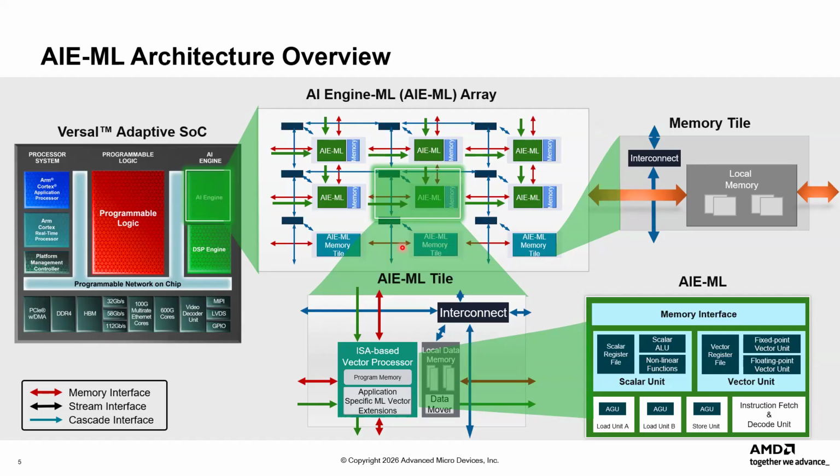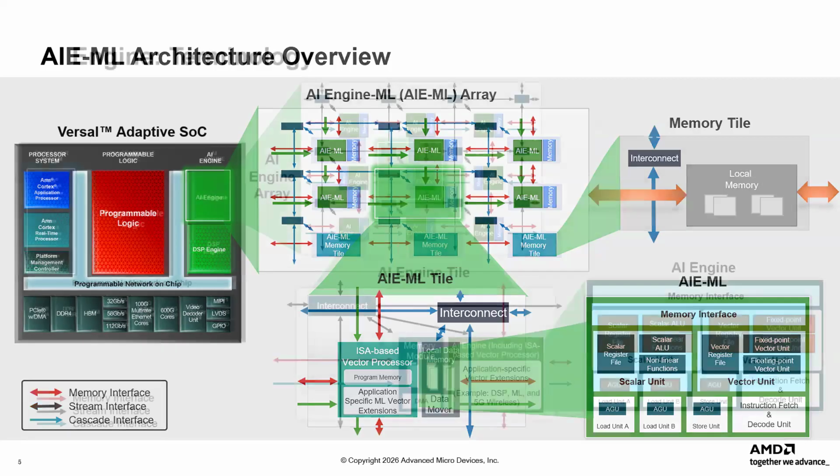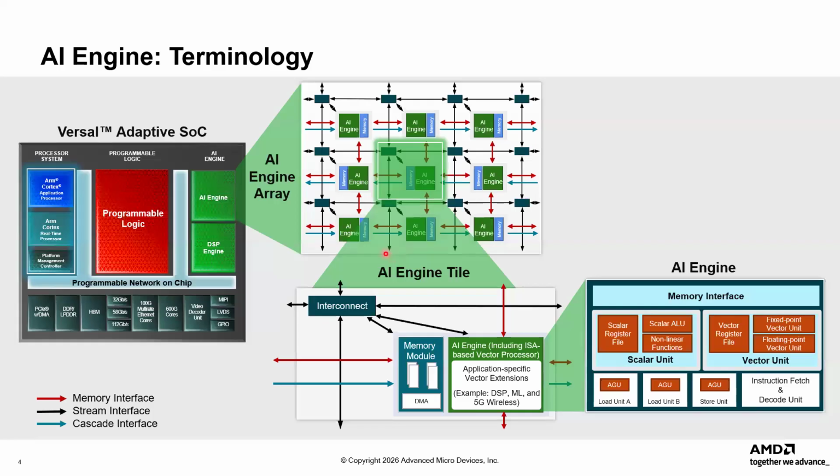Again, this is the machine learning optimized version. And the problem with the previous version is that even though you could do machine learning and there was a DPU that specifically targeted the Versal platform, here's the problem. I'm going to go back to the previous slide. If you looked at the way the DPU was organized, it would use a combination of the AI engines and then also the programmable logic.